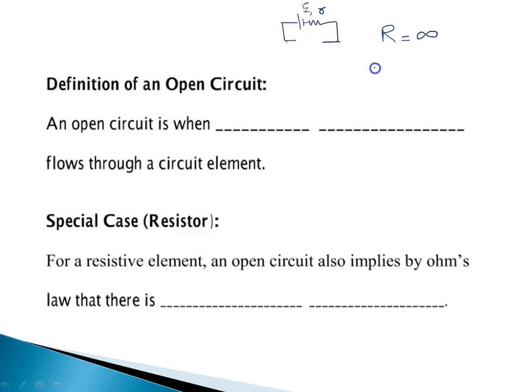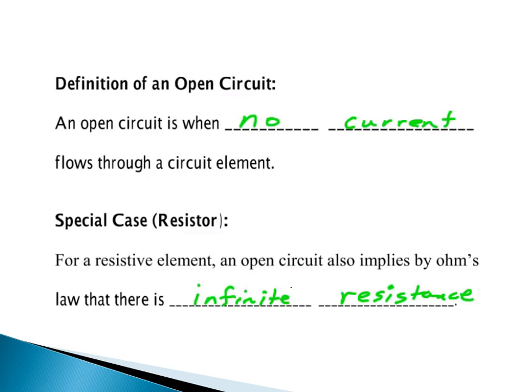True, that is infinite, very true. So what is the current? I equals E upon R plus infinite, which tends to 0. So an open circuit is when no current flows through the circuit element, and for a resistive element, open circuit also implies, by Ohm's law, that there is infinite resistance. All of you read it.